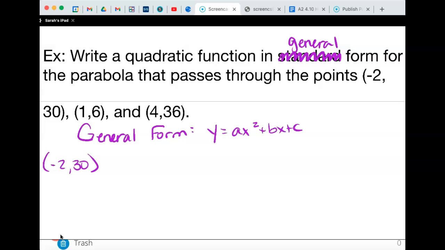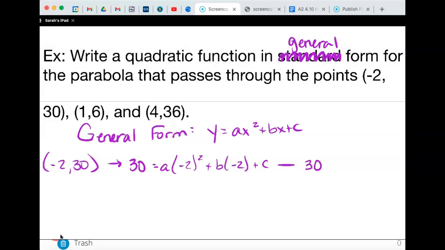So starting with the first point, negative 2, 30. Plugging it into general form, 30 is the y value and negative 2 is the x value. So I have a times negative 2 squared plus b times negative 2 plus c. And I'm just going to simplify this out a little bit before I move on to the next point. So 30 is still on the left side.